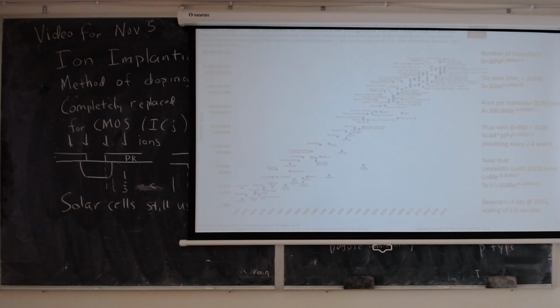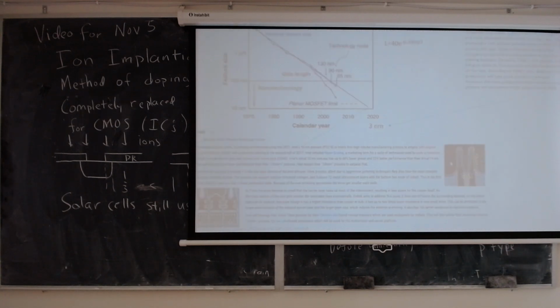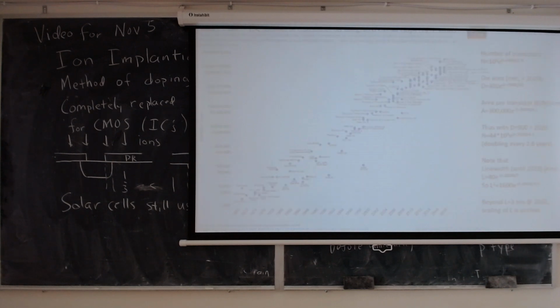And that has been going down itself, but getting back to this plot, there are basically 2 things that govern it. One is the line width, which has been going down, as you've seen here, allowing smaller transistors to be made. Well, there's actually 3 things.